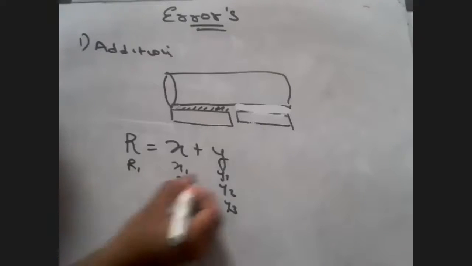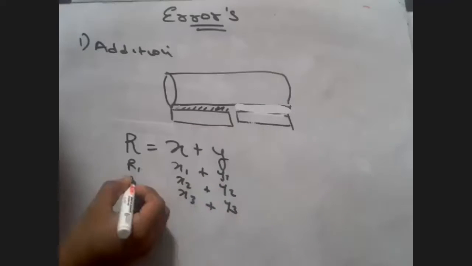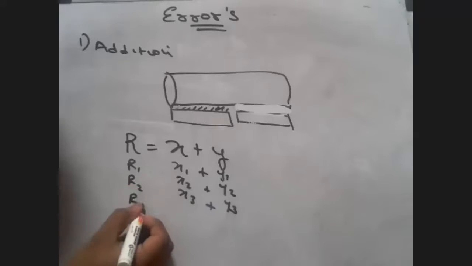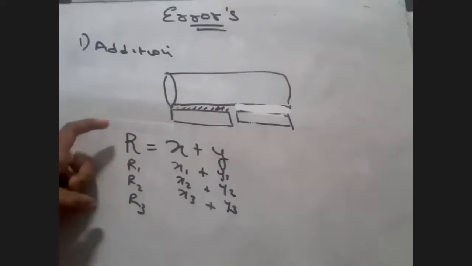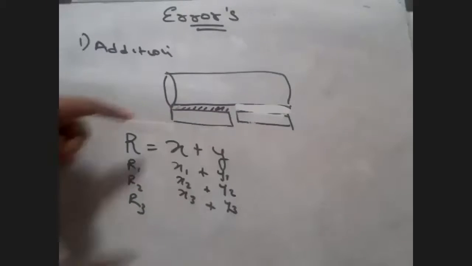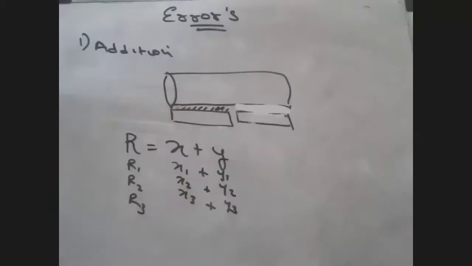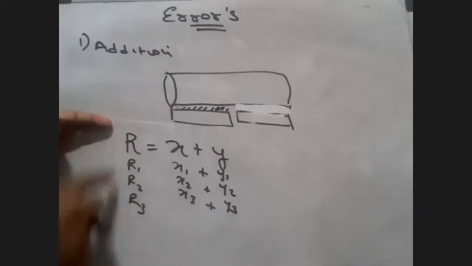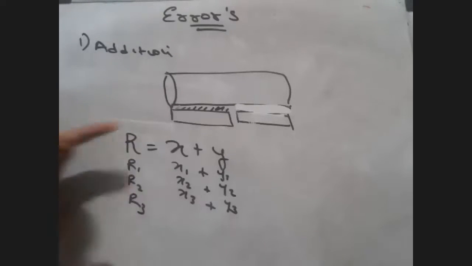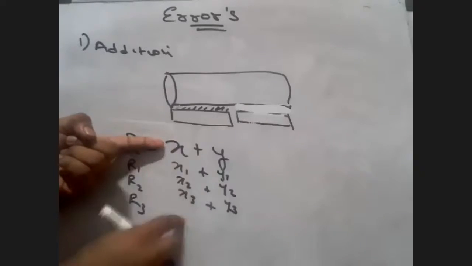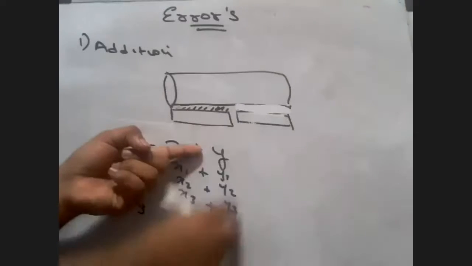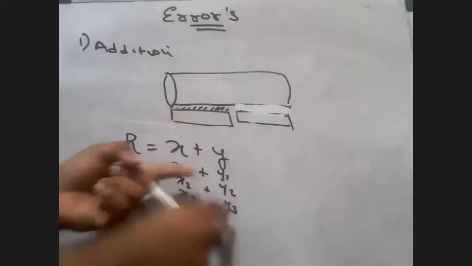It's going to be some r. Of course, this is all addition. So r1, r2, r3. So can I say that the change in this result is equal to the change in the x values plus y values? Are you all able to understand that much? That the change in this result will be equal to the addition of the change in x measurement and y measurement.